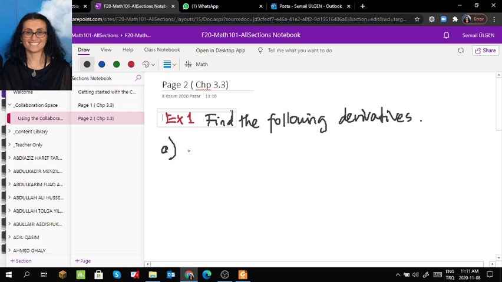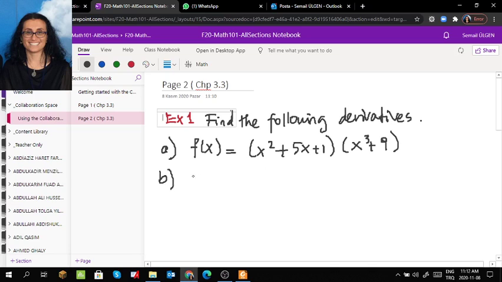The first one is f of x is equal to x squared plus 5x plus 1, and then I'm going to write another function here, x cubed plus 9, so we want to find the derivative of this. B, g of x is the ratio of the two, x squared plus 5x plus 1 all over x cubed plus 9.